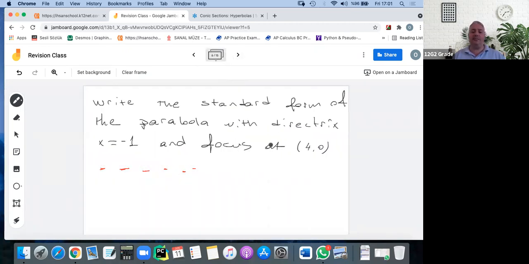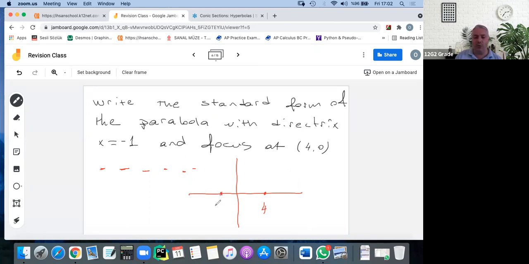Question number 6. Write the standard form of the parabola with the directrix where x is -1, focus is (4, 0). Normally there is a formula, but I don't remember right now. I can search from the internet. But what can I do? I may think this. The focus, x is 4, y is 0. And then x is equal to -1.